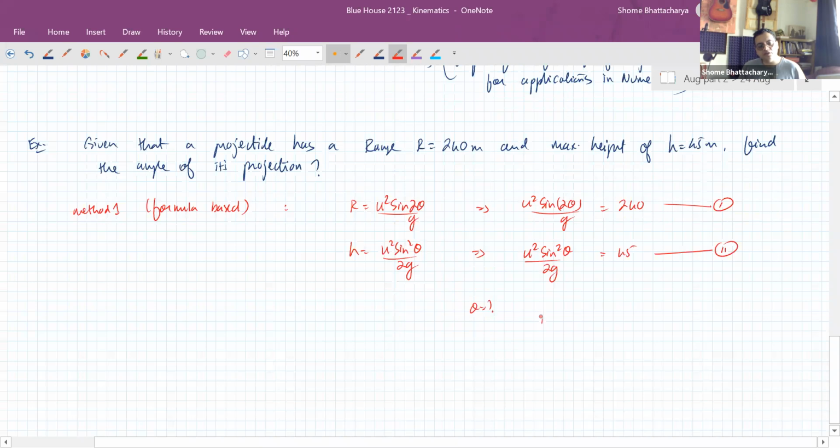So what we'll do is take equation one and divide it by equation two. Then u square will cancel out, and we'll get 2 times sine 2 theta divided by sine square theta.